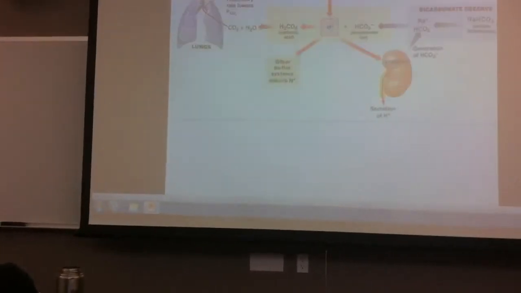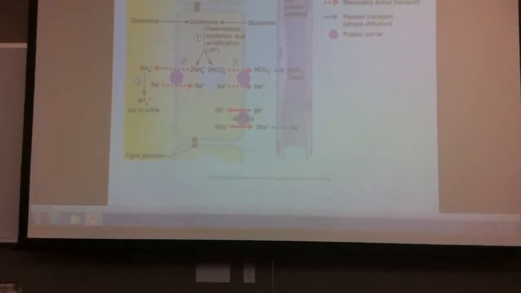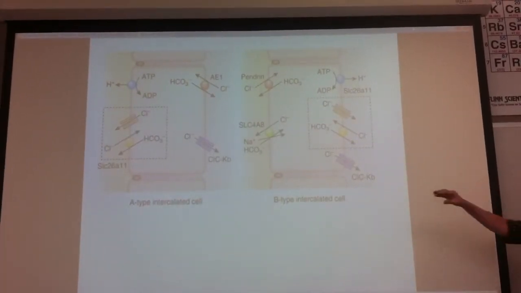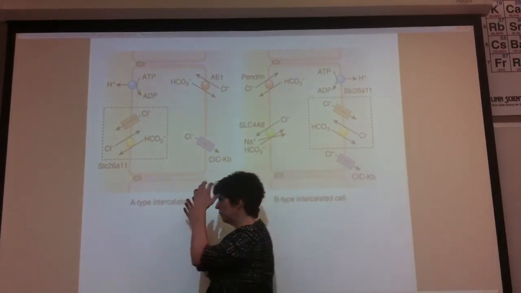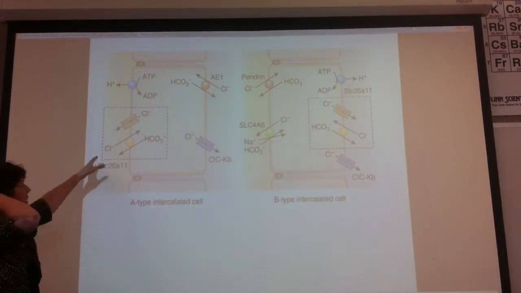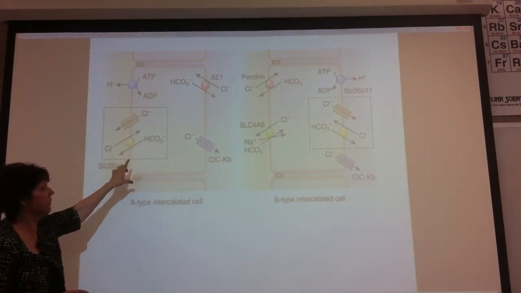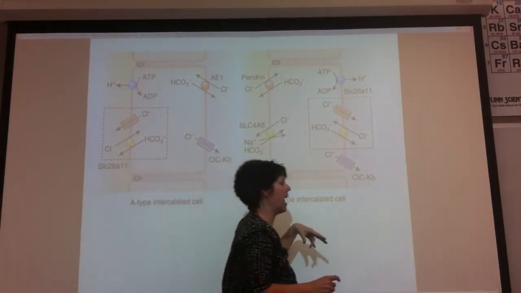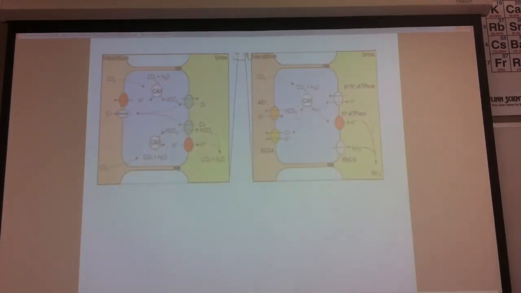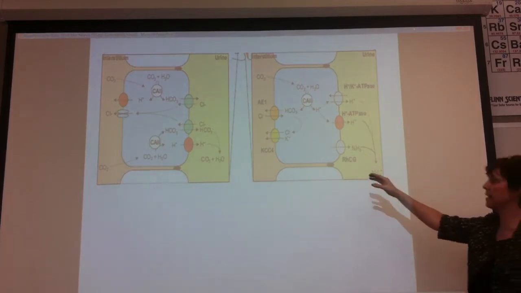In the collecting duct primarily, we have type A intercalated cells, and this functions in the same fashion as the proximal convoluted tubules. Here's another illustration. Over here is the filtrate.